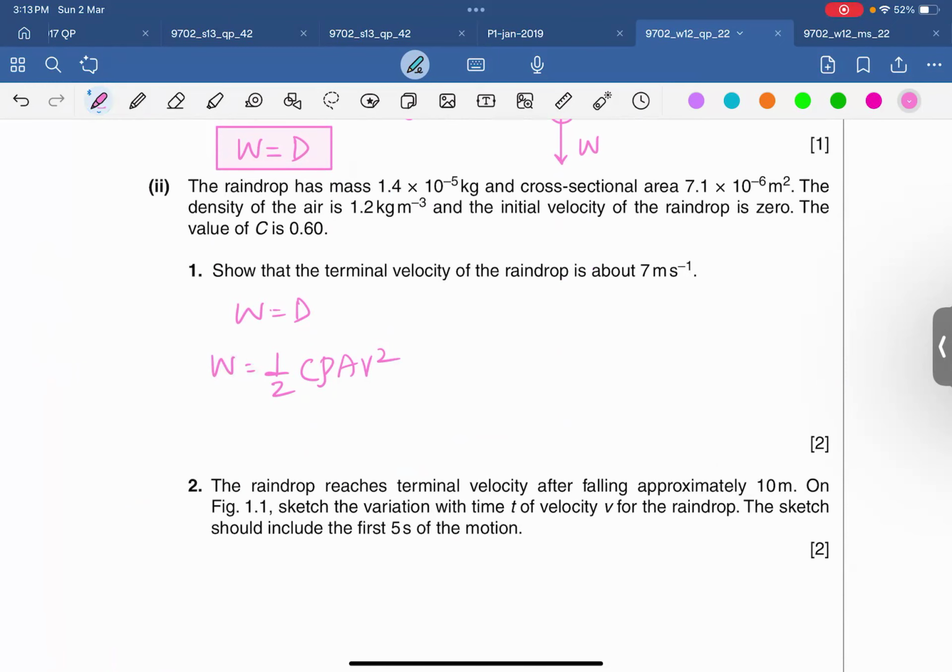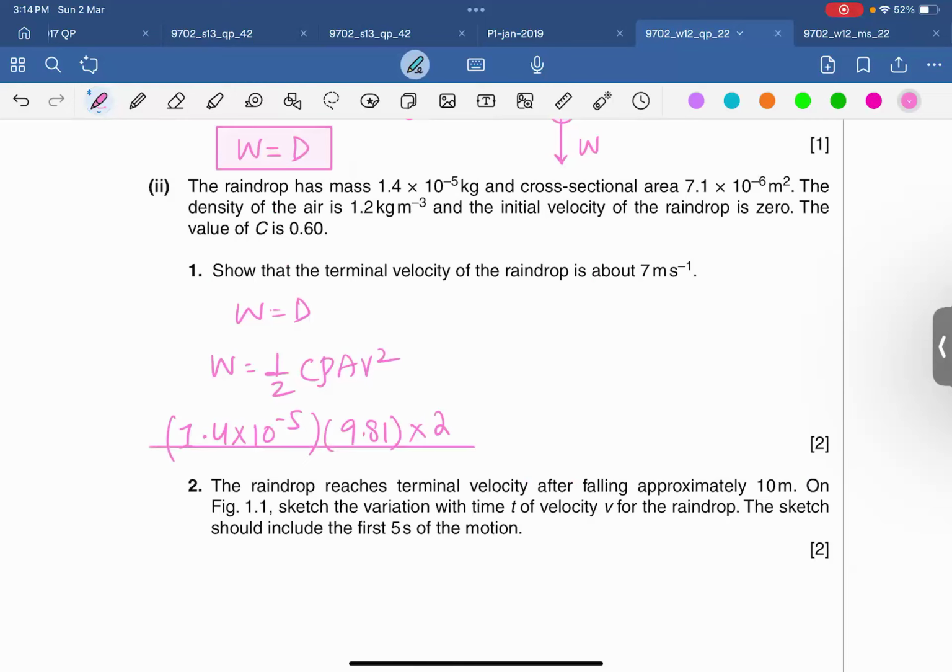Okay, this we have got. And what else? The mass is given, so mass is 1.4 times 10 to the power negative 5. Then weight is 9.81, and then just multiply it by 2. After that, divide.